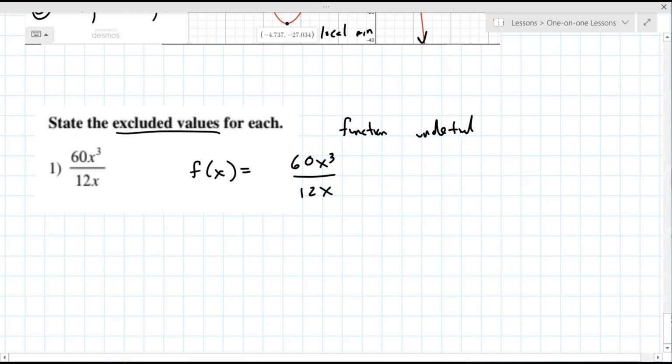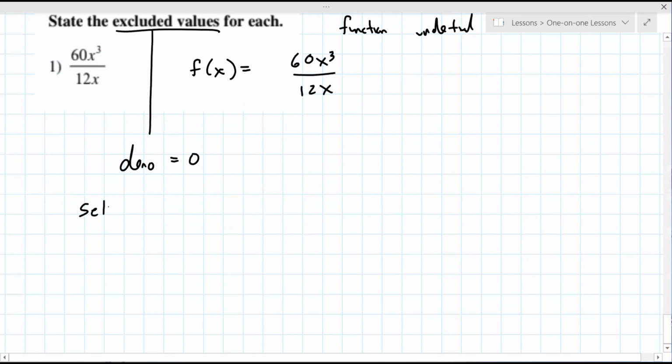But to do what they're asking, you're essentially looking at where the denominator is equal to 0. So you set 12x equal to 0 and solve for x. In this case, you'll find that x equals 0, and that is the excluded value. So this turns into x cannot be 0.